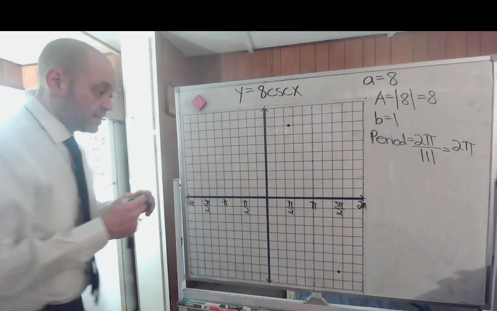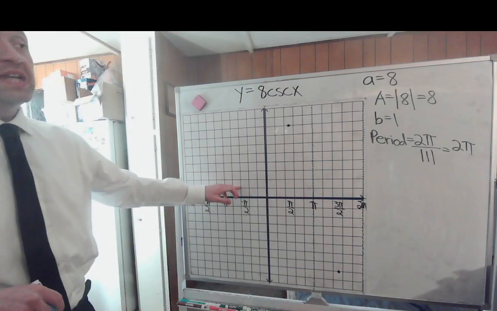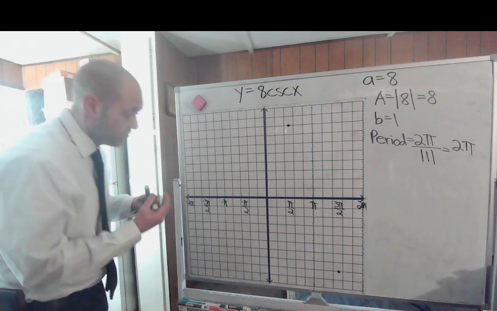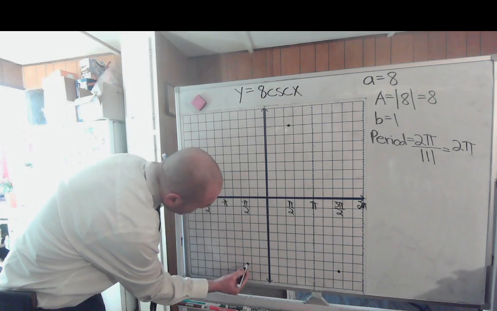All right, let's go in the negative direction. So then we have negative pi over 2. The cosecant is negative 1 times 8, which is negative 8. So there's negative 8 right there.